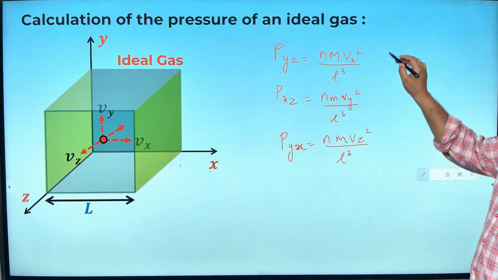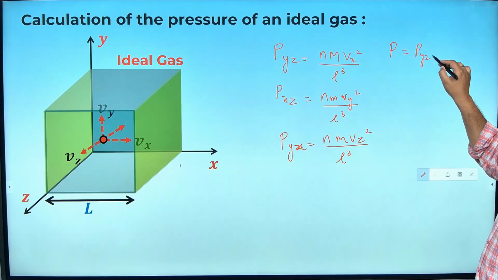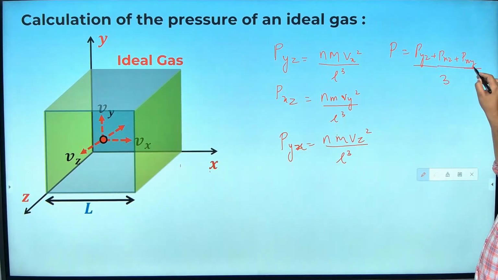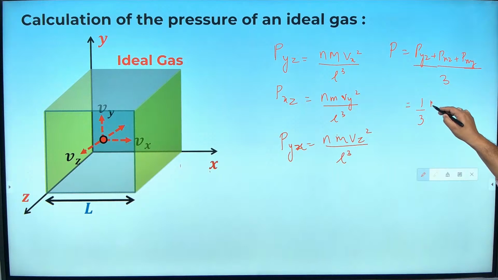Now, if I find the mean of all these, P will become equal to Pyz plus Pxz plus Pxy divided by 3. So how much am I going to get? We are going to get 1 by 3 times nm common. What will remain here? Vx square plus Vy square plus Vz square.